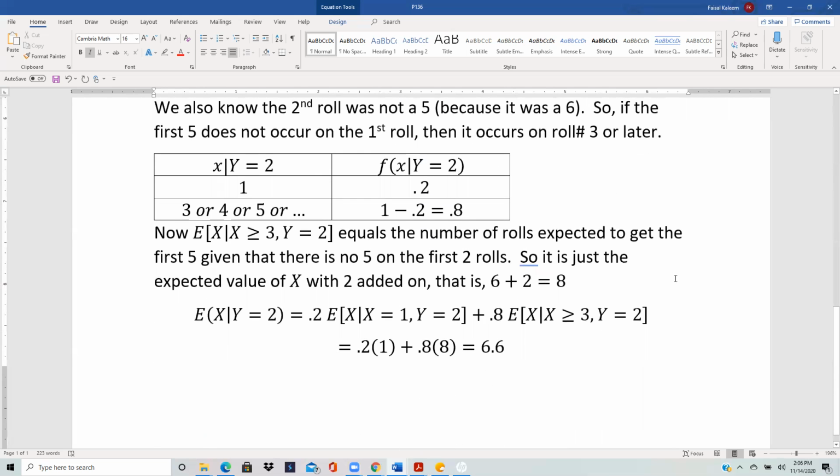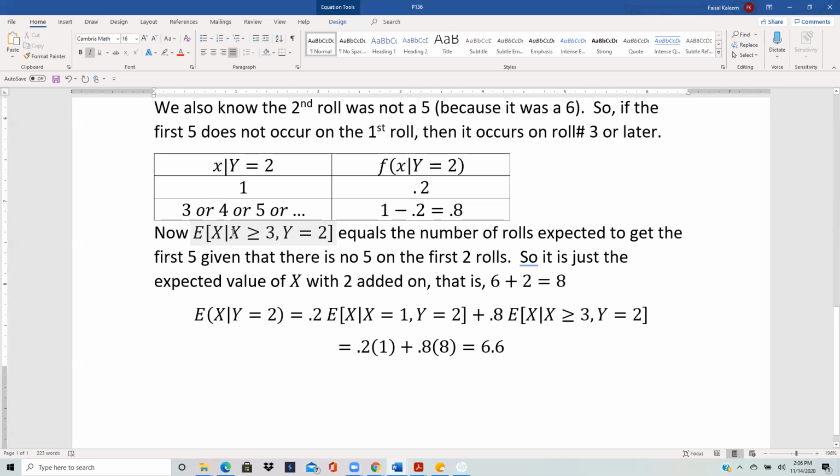So now let's try to understand what this is. When we say that the expected value of x is 6, it means we expect the first 5 to happen on the 6th roll. But when we add this condition that the expected value of x given x is greater than or equal to 3, we don't even need y here.